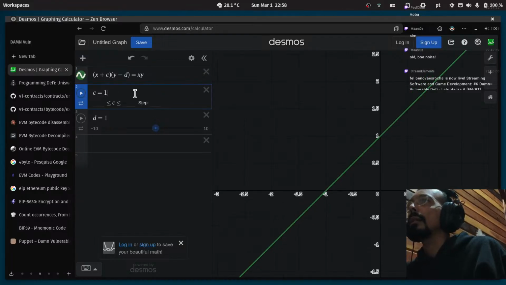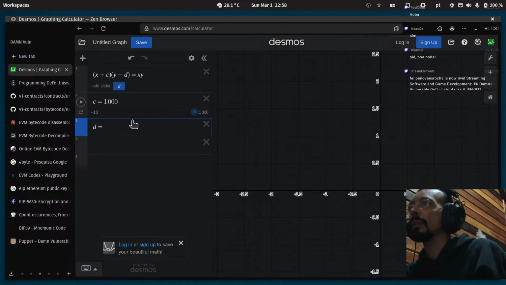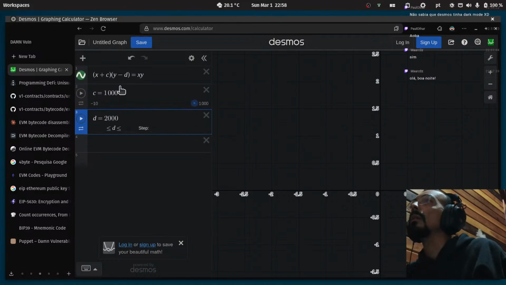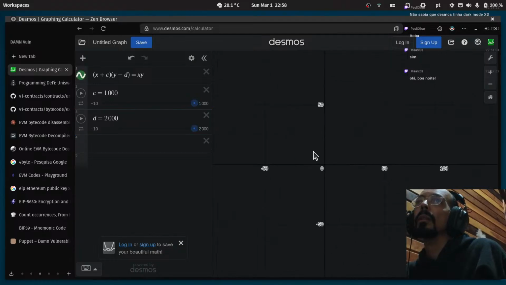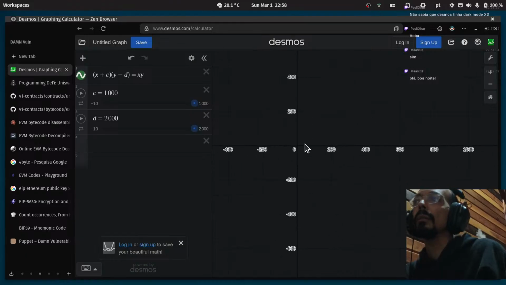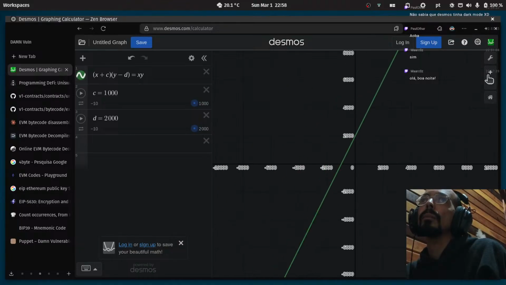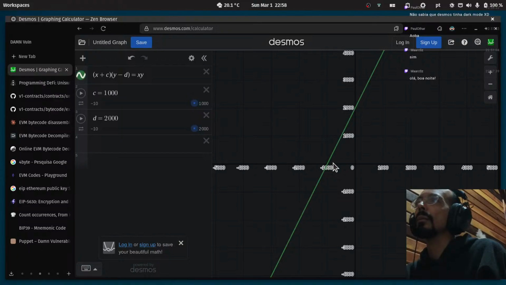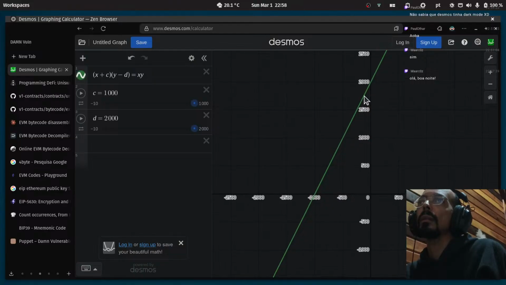Beautiful line. So if you go 1000 something and 2000 something else, of course that's going to be too big to show. They have a button to. Okay, that's negative. Why is that negative? I thought Desmos had dark mode.